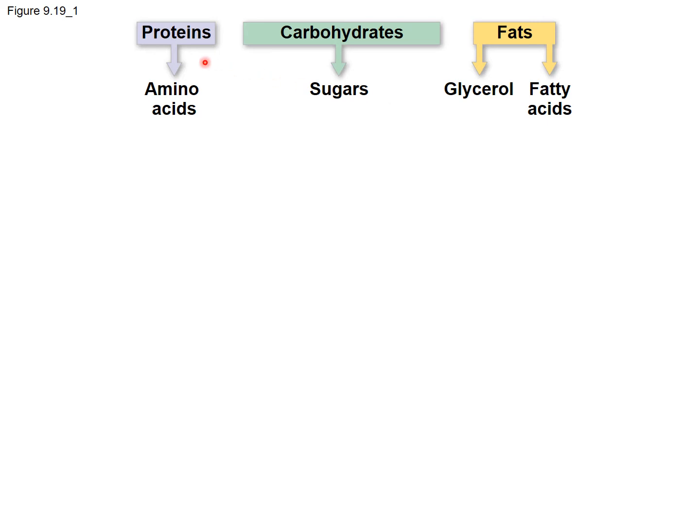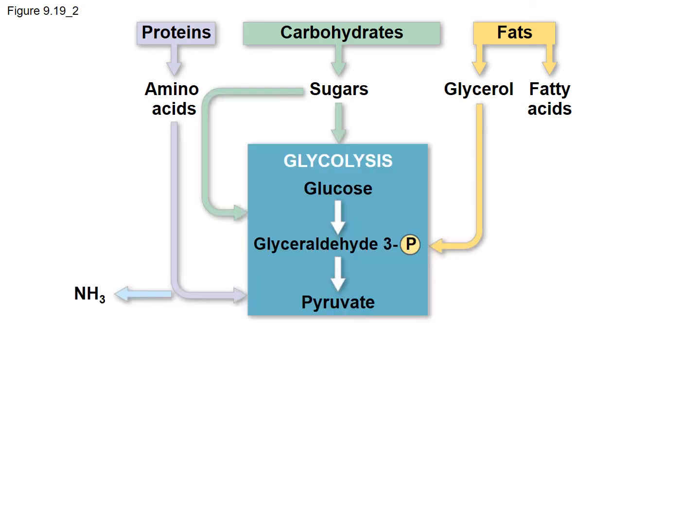Well, we also eat proteins and fats as well. And then, of course, when we eat food from other organisms, we're eating their DNA. So their DNA can be broken down and be reused, right? So all the components will be reused. We're going to talk about the proteins and the fats along with the carbohydrates.